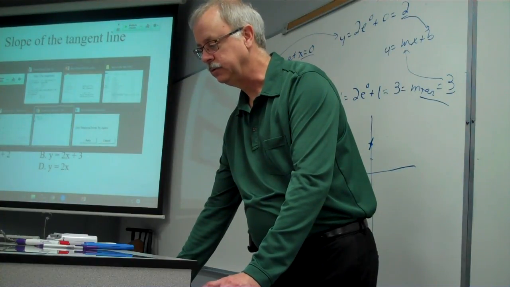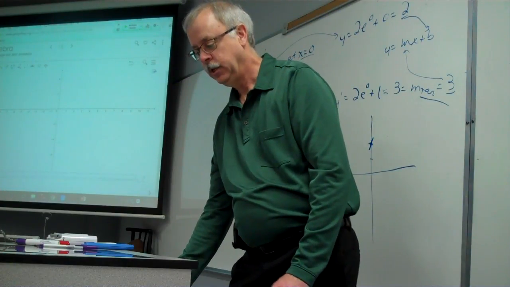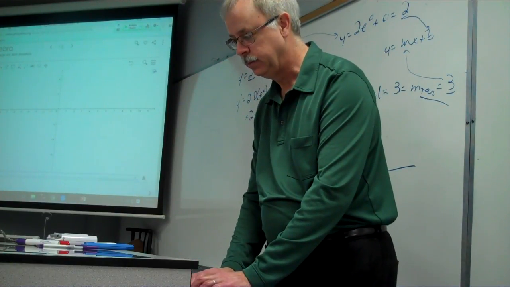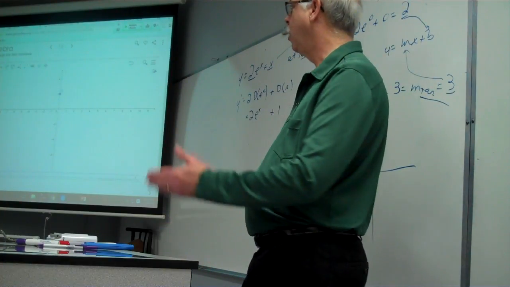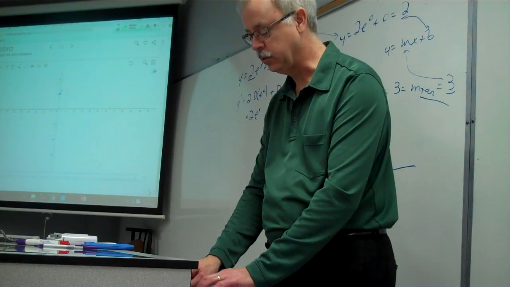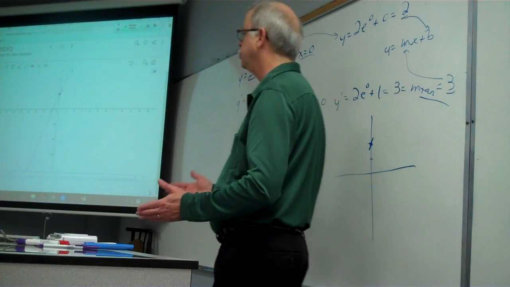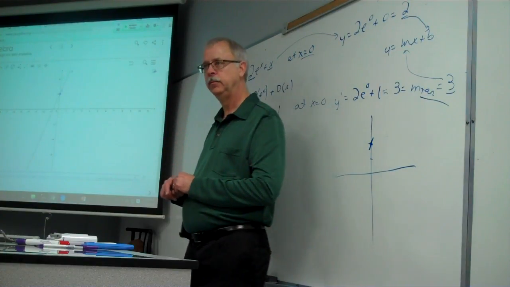So again, let's go and let's graph a few things. So we've got the point (0, 2). That should be a point on the curve. We've decided the equation of the tangent line is y equals 3x plus 2. So nearby (0, 2), the curve should look like that line.